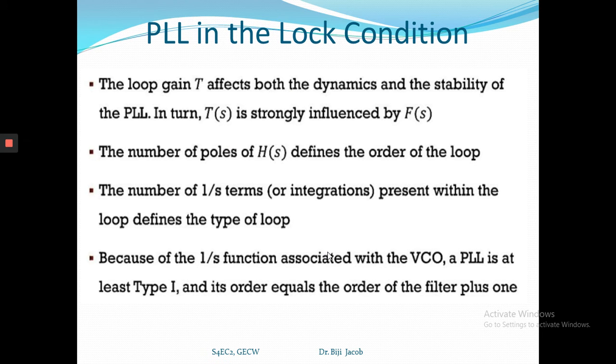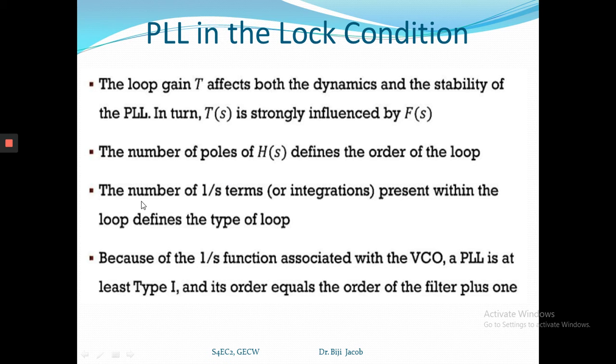The loop gain T affects both the dynamics and stability of the PLL. In turn, T of S is strongly influenced by the transfer function of your low pass filter. The number of poles in the transfer function H of S defines the order of the loop. There are first order PLL and second order PLL depending upon the number of poles.